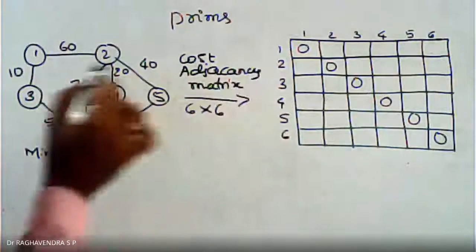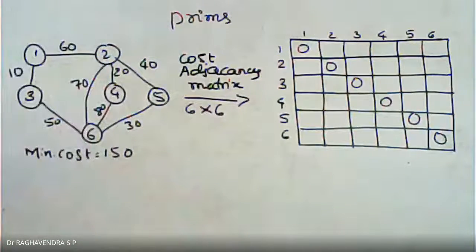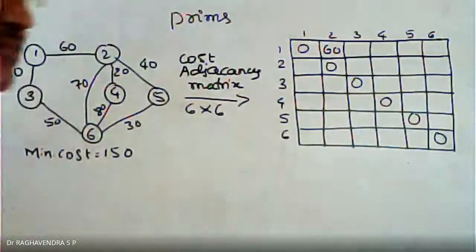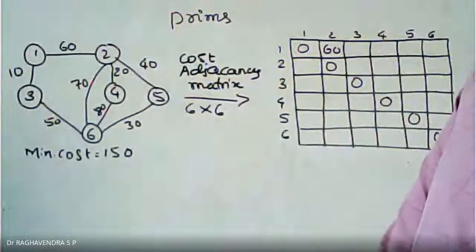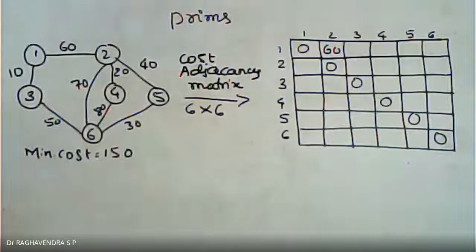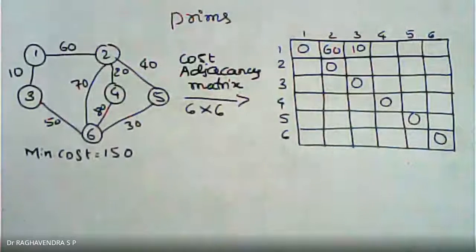Now 1 to 2, what's the cost? 60. 1 to 3? 10. 1 to 4?